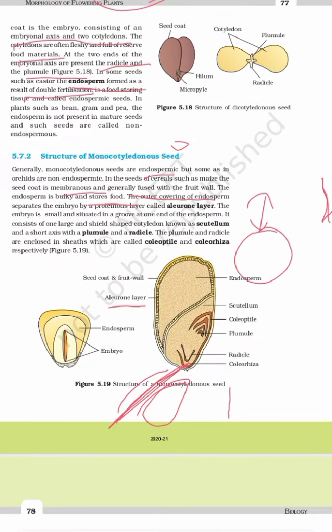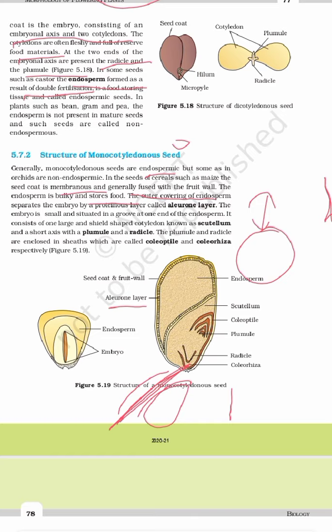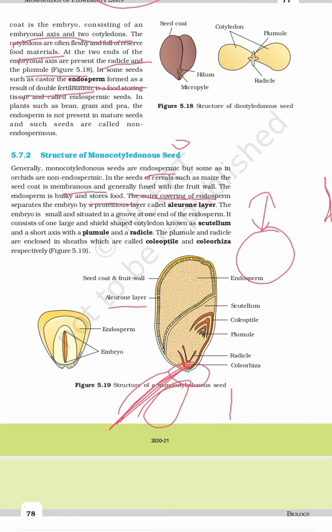The embryo is very small. It is located in a groove, at one end of the endosperm, and it has two parts. One large shield is known as the scutellum. Let us underline the words you have learned.